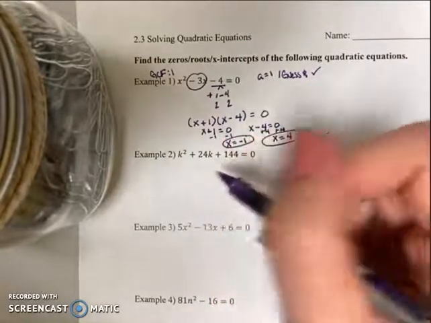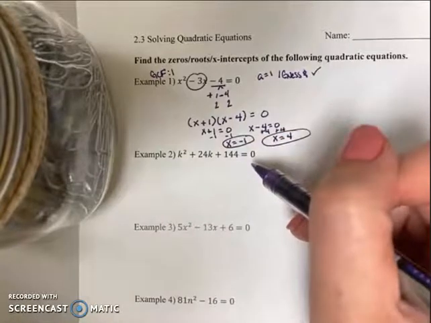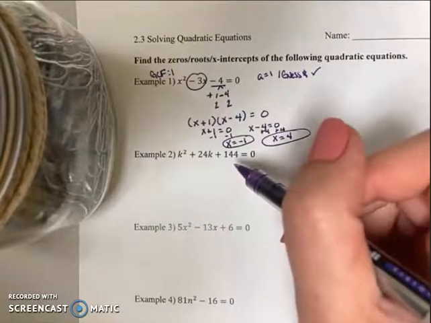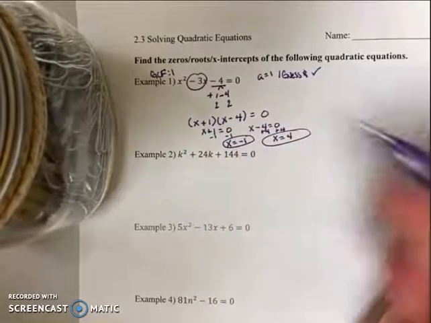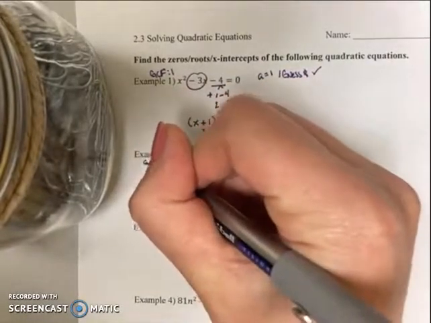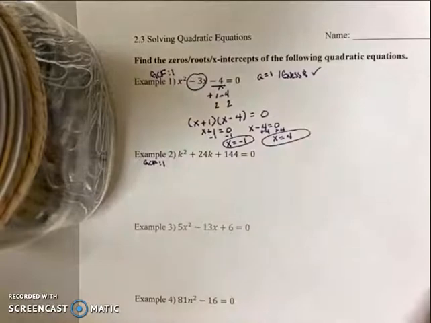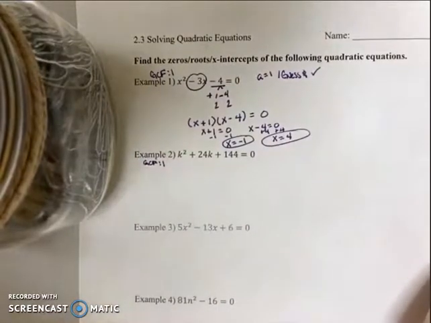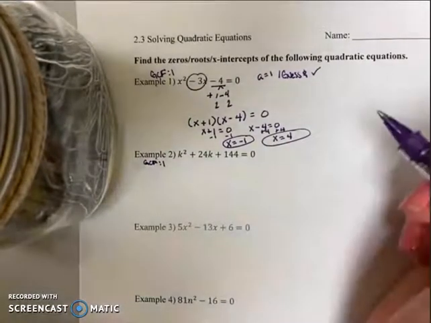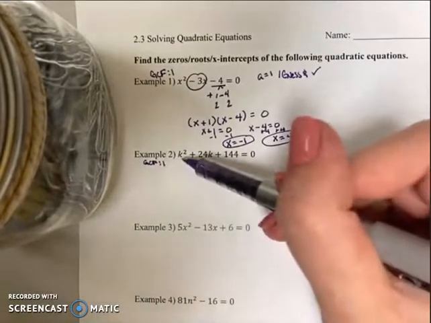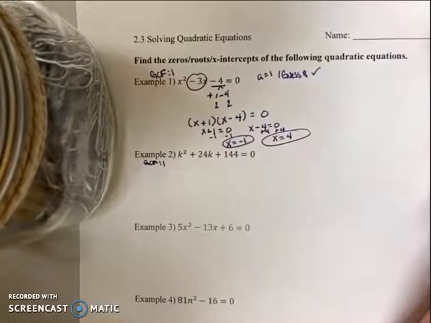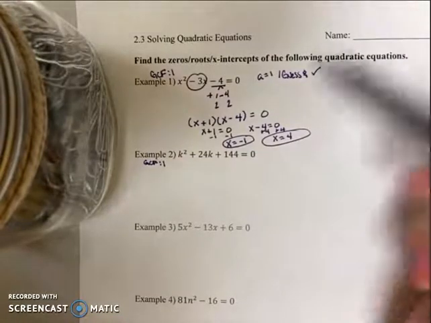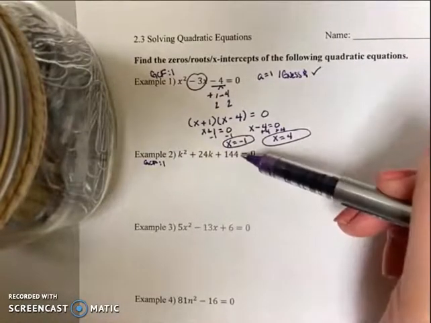All right, example 2. Once again, we have a trinomial where a is equal to 1. There's no GCF other than 1. If you want to write that, you can. Maybe you would notice something else as well. K squared and 144 are perfect squares of k and 12.